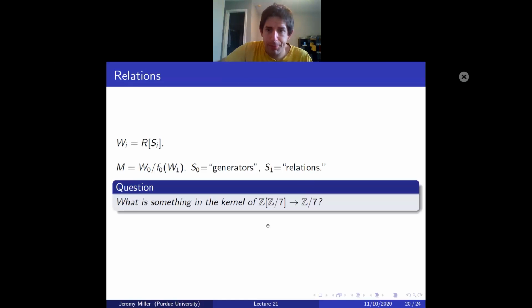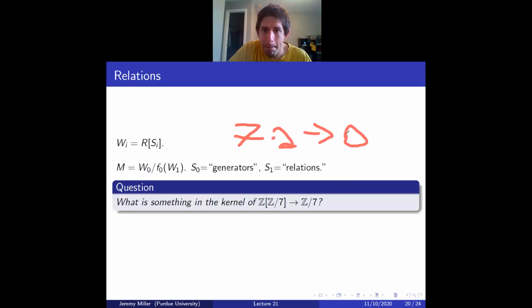Yeah, like 7 anything, right? You're saying like 7 times 2. 7 times 2 goes to 0. That's one kind of thing in the kernel.